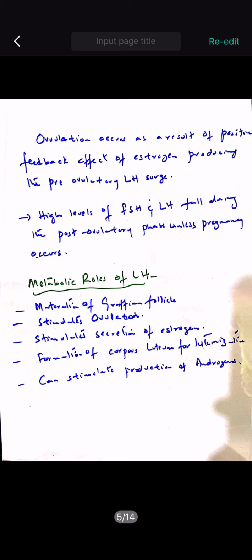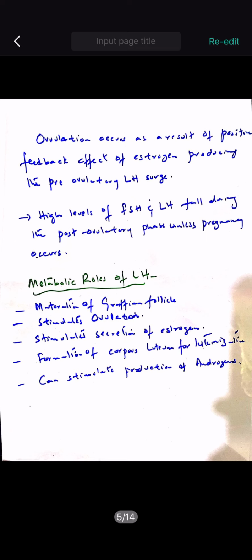Ovulation occurs as a result of the positive feedback effect of estrogen producing the pre-ovulatory LH surge. So FSH helps in follicular growth, and then there comes an LH surge where LH is secreted, which in turn secretes estrogen.